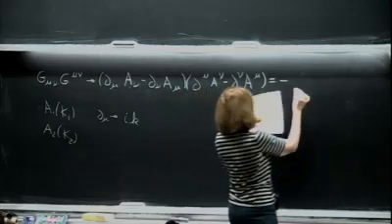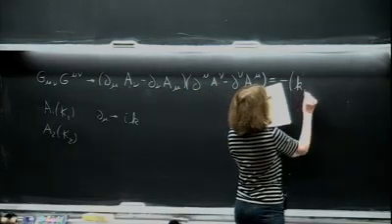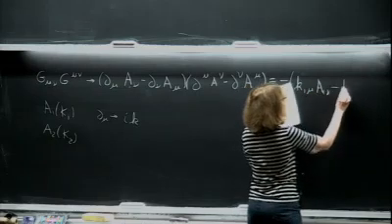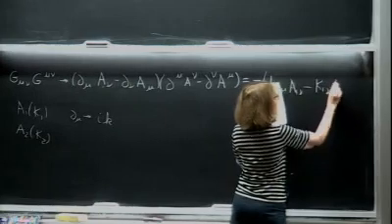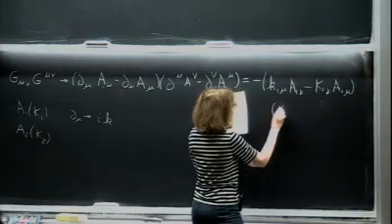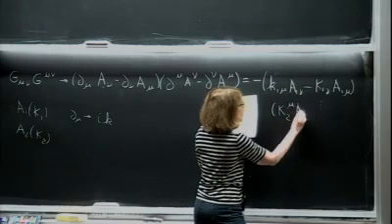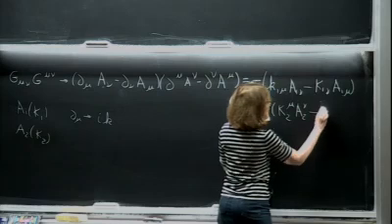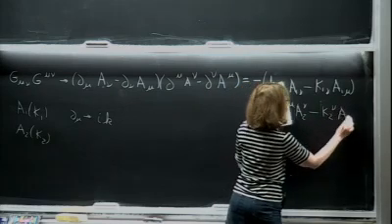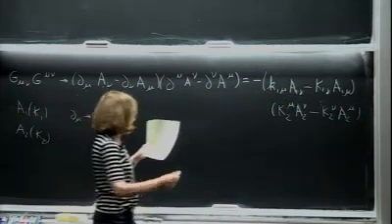So this is minus K1 mu A1 nu minus K1 nu A1 mu from the first term, K2 mu A2 nu minus K2 nu A2 mu. I'm just taking the derivatives here to get the K's.